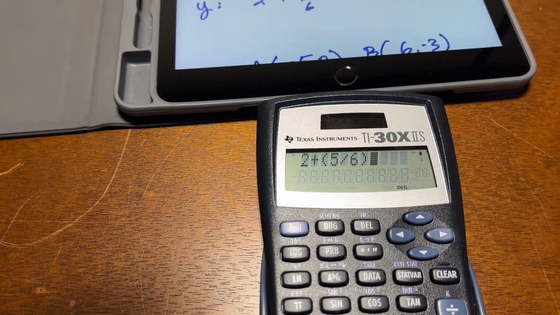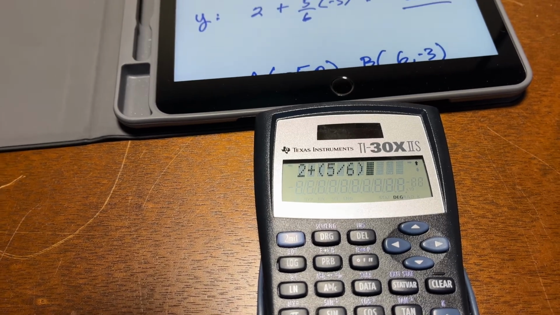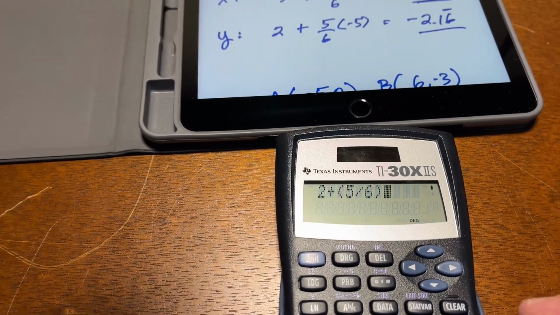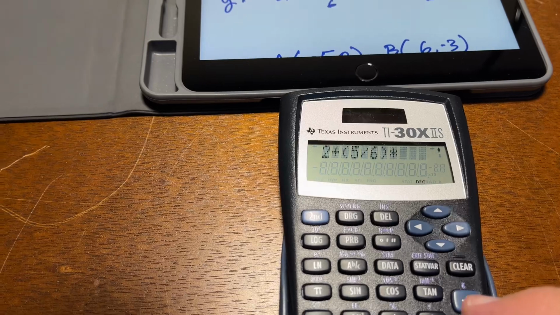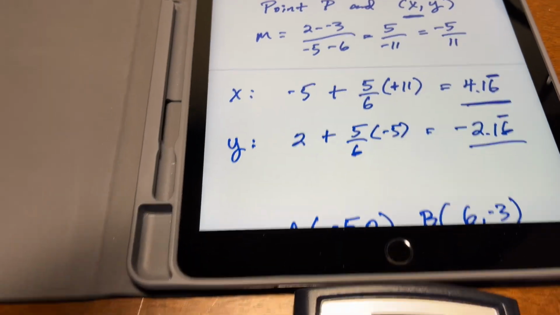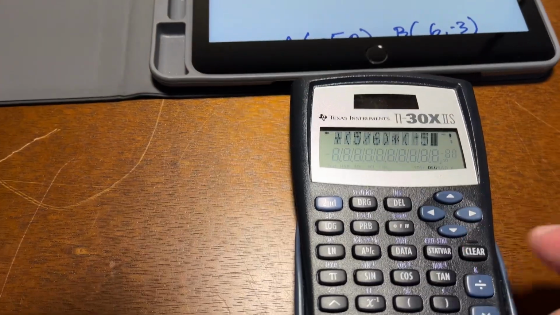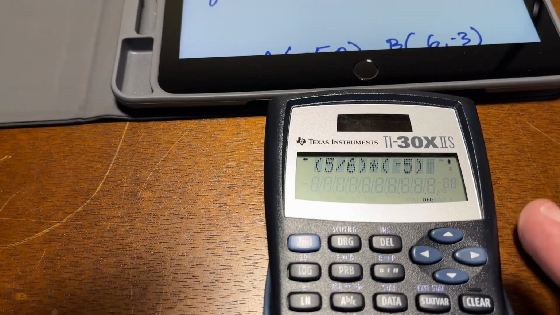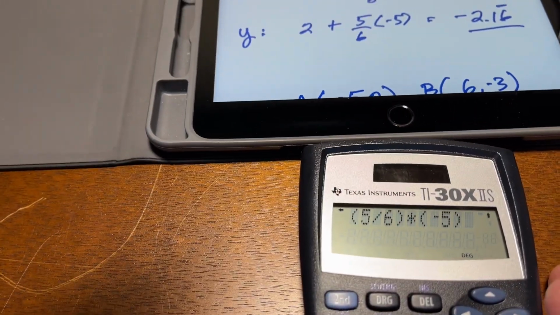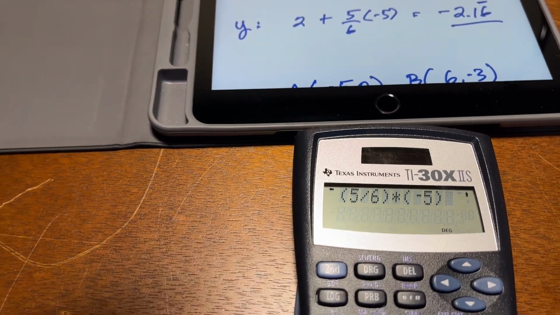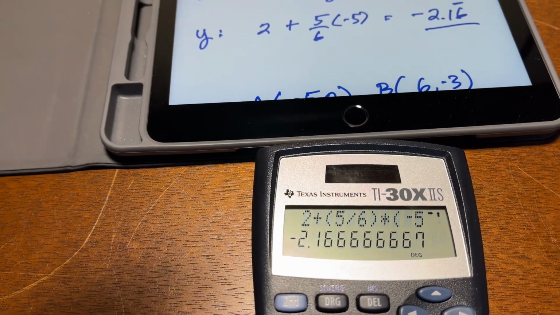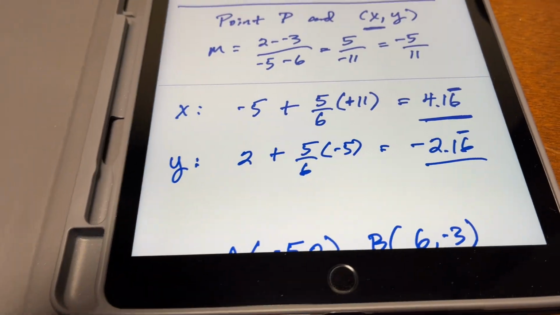I'm putting that in parentheses so that it's treated as one number. So 5/6 times -5. I want to put that in parentheses too, just to be careful. So I did 2 plus 5/6 in parentheses times -5. Now when I do that, I get -2.16 repeating. So that's where that comes from.